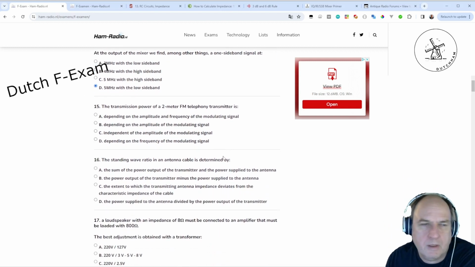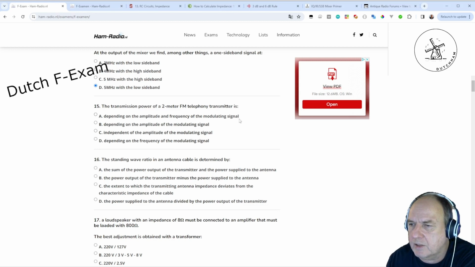Next question. Transmission power of a 2-meter FM telephony transmitter is answer A, depending on the amplitude of the frequency of the modulating signal. That does make sense, because it's not depending on the amplitude. Depending on the amplitude of the modulating signal, also not, because that affects the frequency deviation.